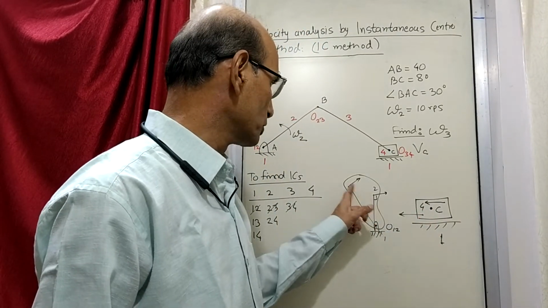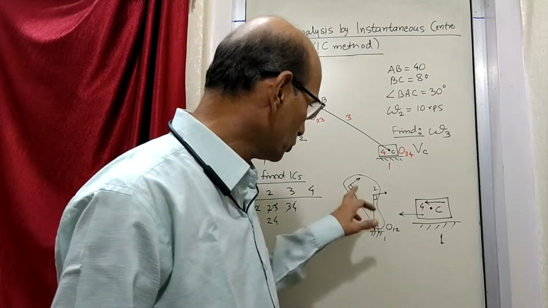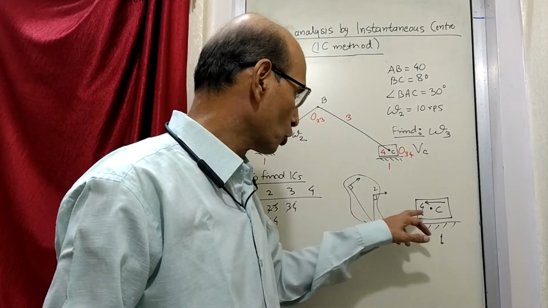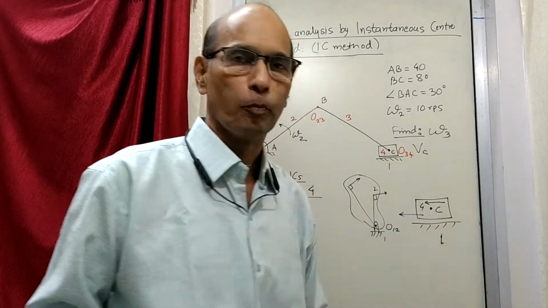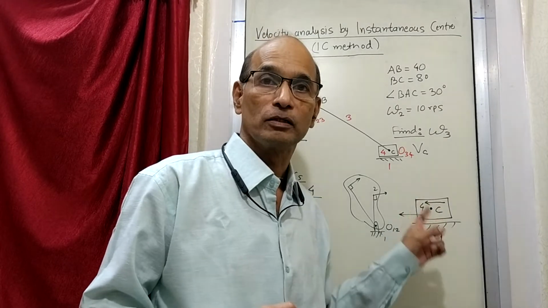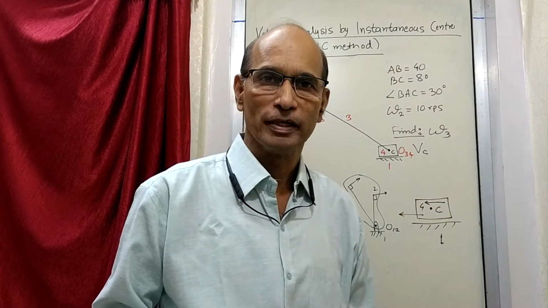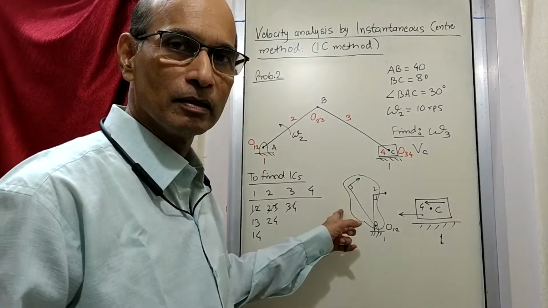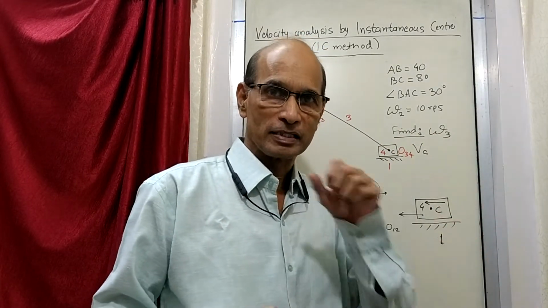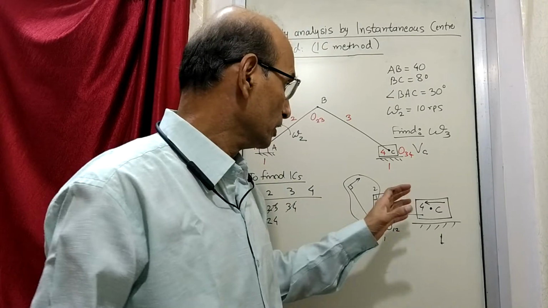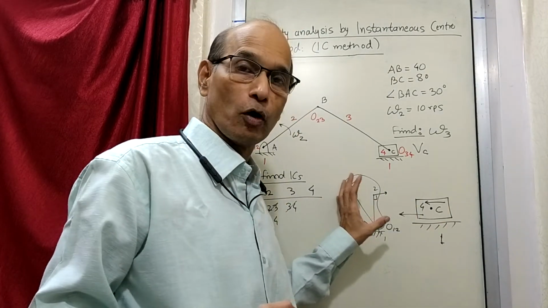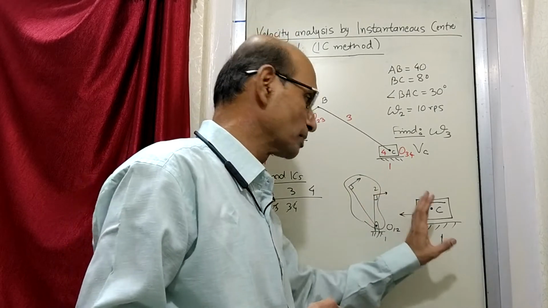Here you have got the velocities of two points on the link, and you have found the center of rotation O12. So if you are given the velocities of two points on link 4, you should be able to find out center O14. What do you do here? Same thing you do here. Many times, any question we are asked, we can compare with something which we already know, and then by comparison you get the answer.